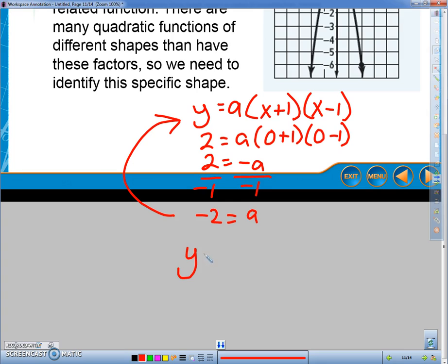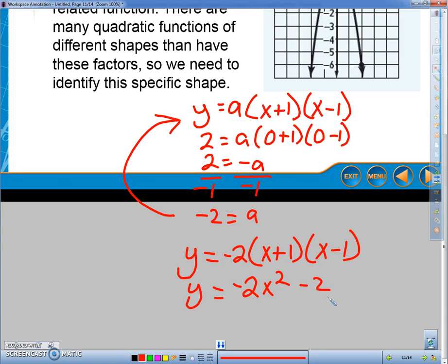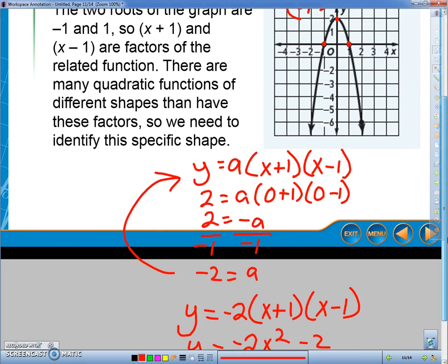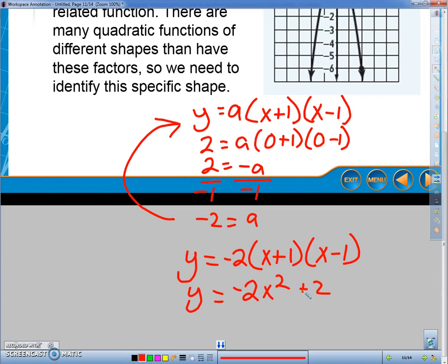So we get y equals -2 times x plus 1, x minus 1. Now, if I distribute all of this out, I'm going to get y equals -2x squared minus 2. There's a difference of squares right here, so it gets rid of the middle term. You know what? It's a positive 2.